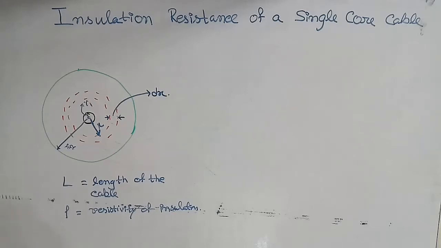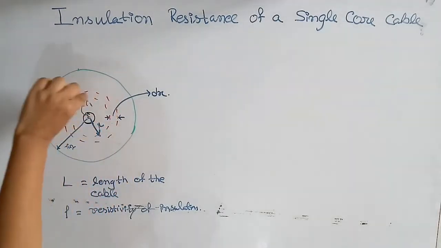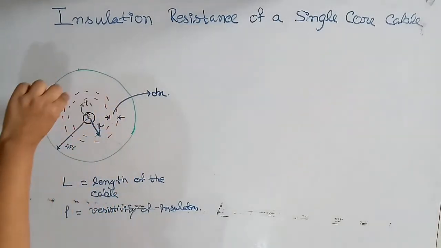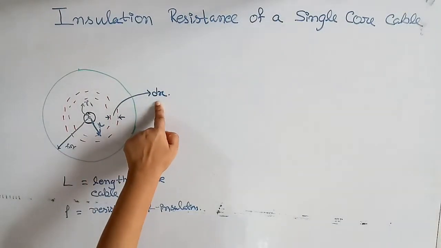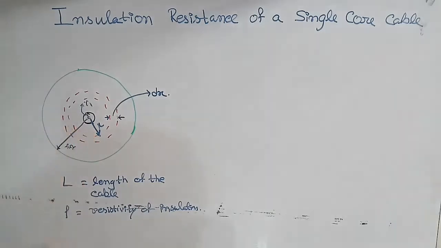Now consider a small layer of insulation of thickness dx at a distance, radius x.